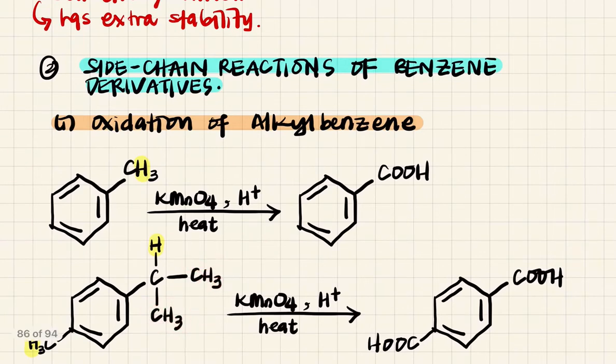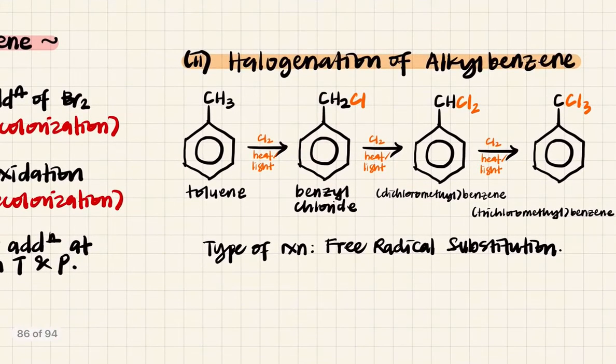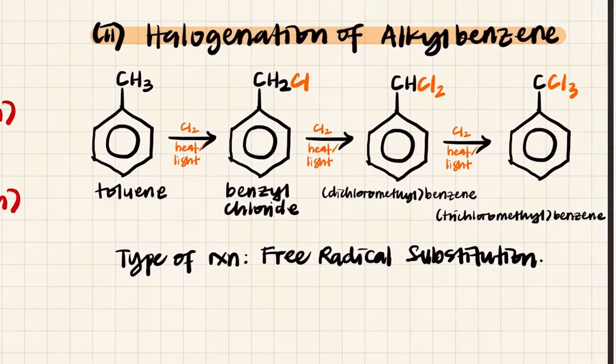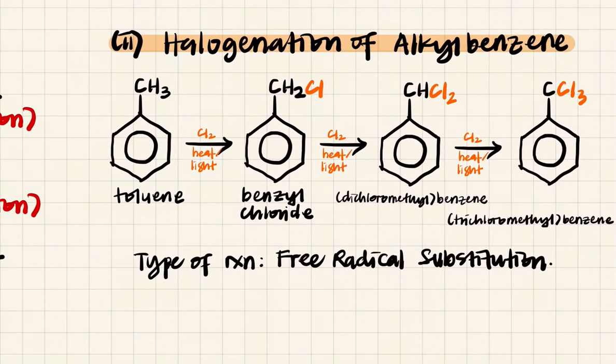Okay, alright. Another side chain reaction that alkyl benzene can undergo is halogenation. Okay, so let's say here you have a toluene. So when you have Cl2 as your reagent with the presence of heat or light or UV, alright, it will undergo free radical substitution right here.